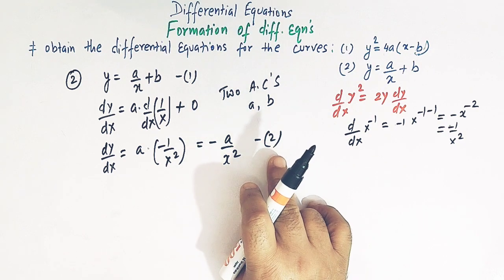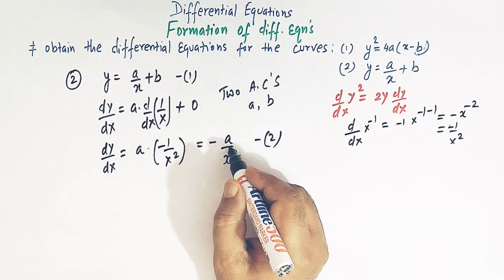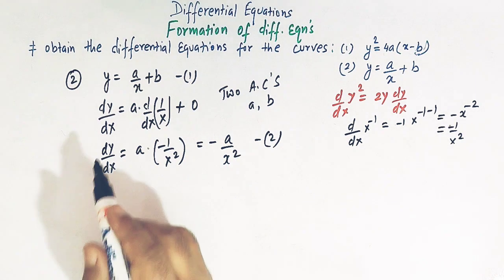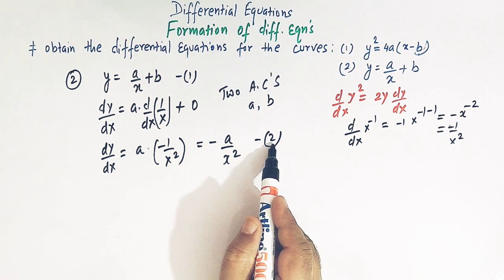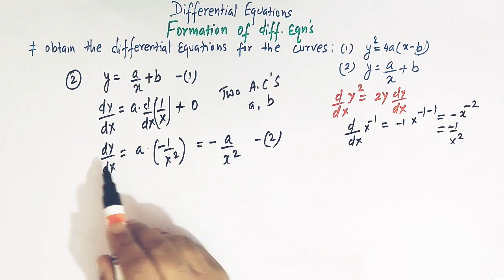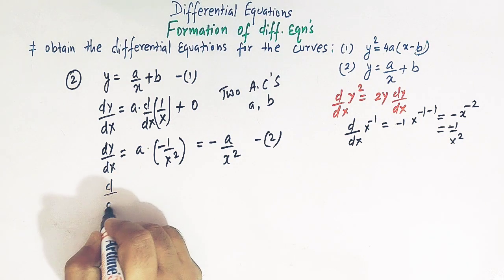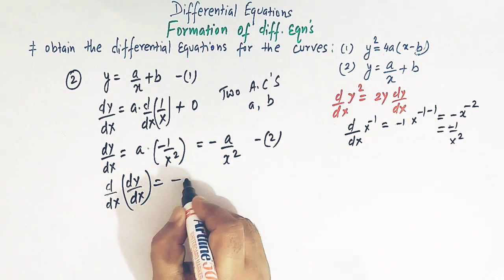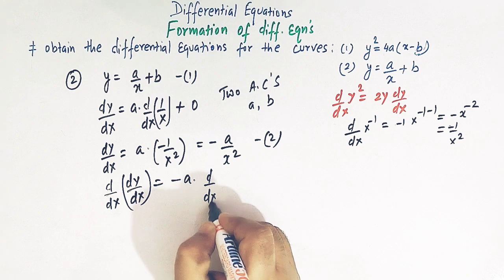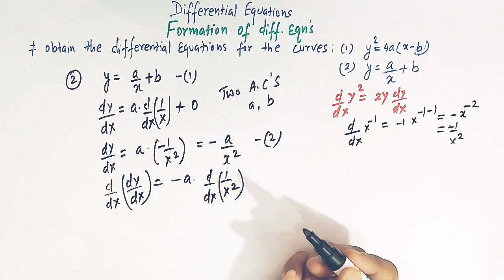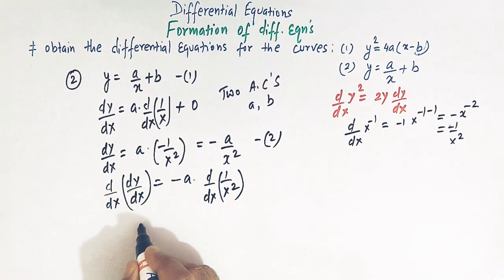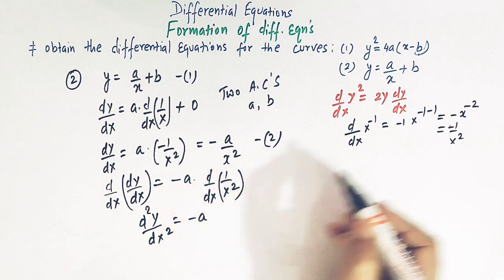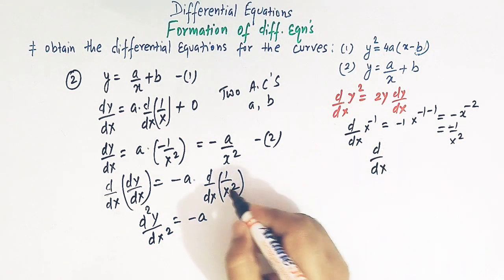Now we have obtained this equation number 2, and this equation still contains an arbitrary constant, right? So what we will do is again differentiate equation 2 on both sides with respect to x. So here we get d by dx of dy over dx, that is the second derivative, and here we have minus a and the derivative of 1 over x square.